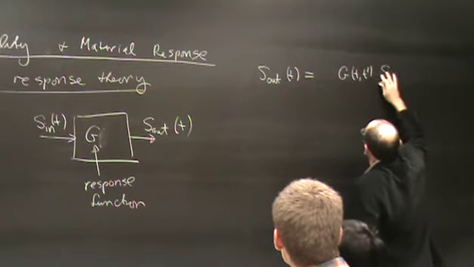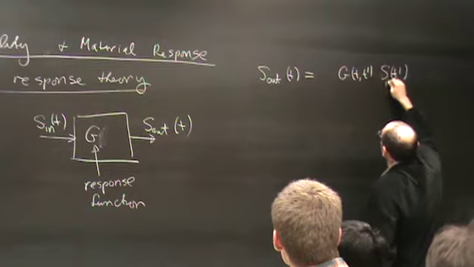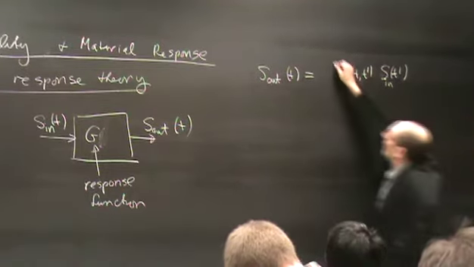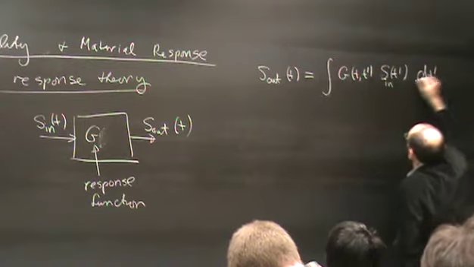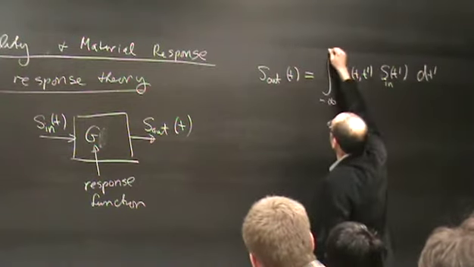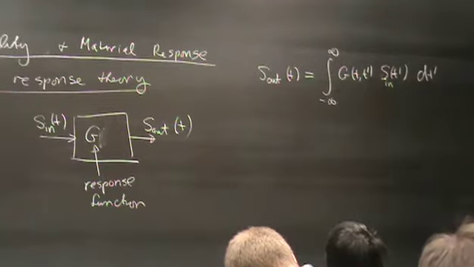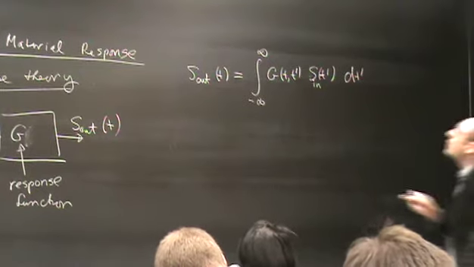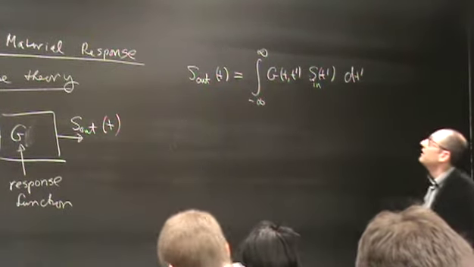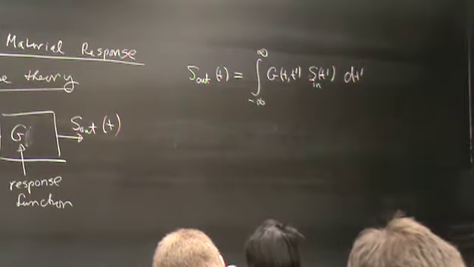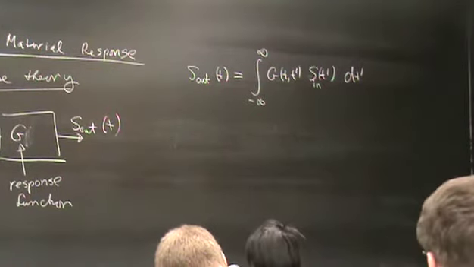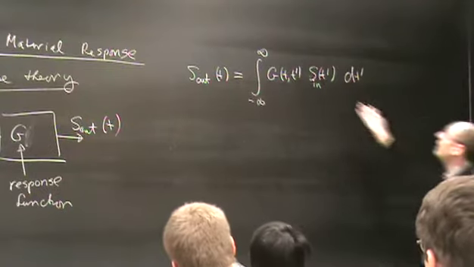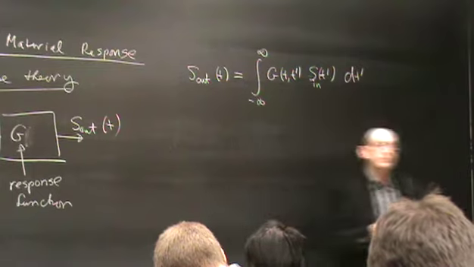Now, I might write that more generally. It doesn't necessarily have to be an instantaneous response. So the signal that I get out at some time t can depend on the whole history of the signal at some other times. And this function G tells me how to transfer the input signal to the output signal.